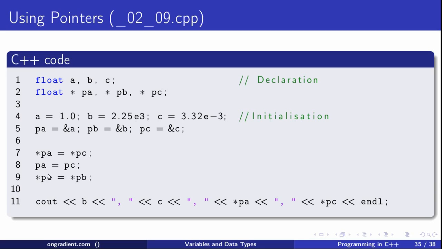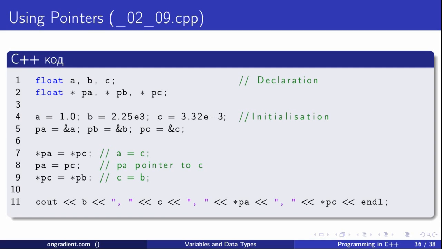After that, the pointer will contain the address of variable c, so it will become the pointer to variable c. The operation of assigning to the pointer the address that is stored in some other pointer is possible if the pointers have the same type. In our case, their type is float.